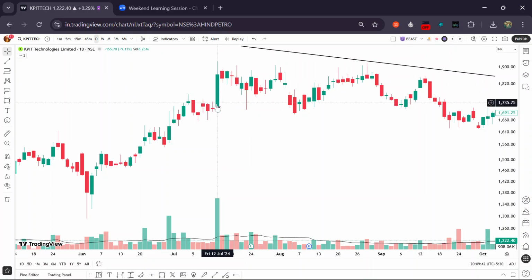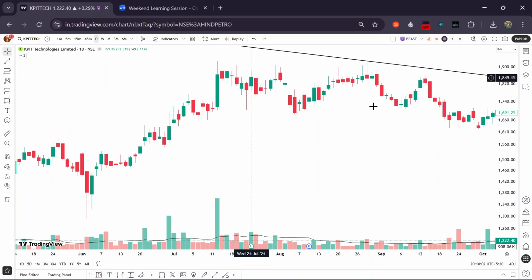It was massive. Generally, it indicates momentum increasing on the upside. If we get a big green candle with huge volume, it generally indicates that the trend is going to continue up.